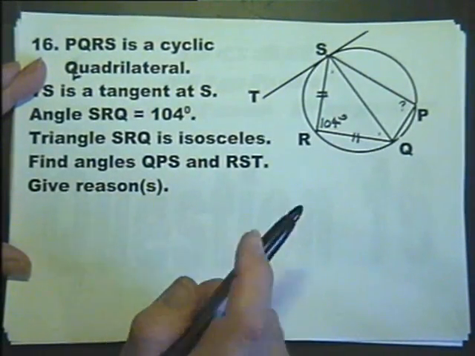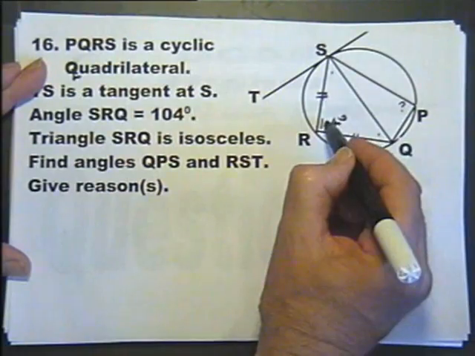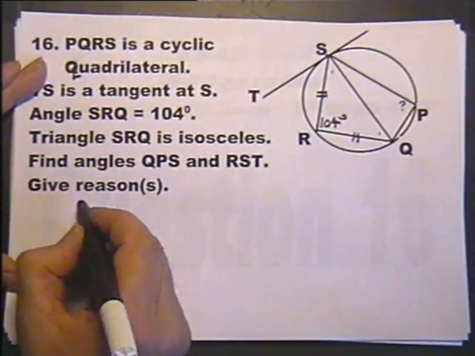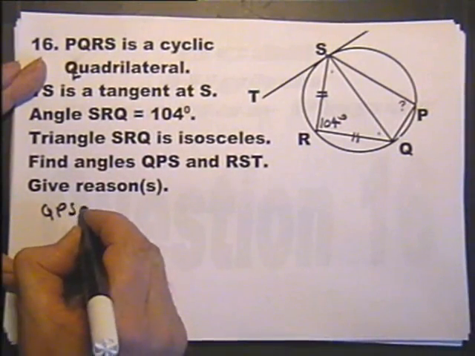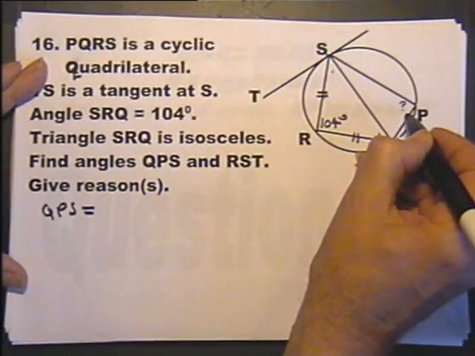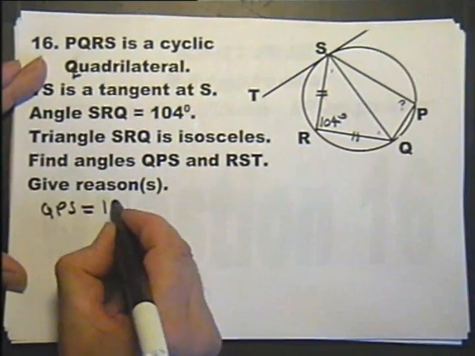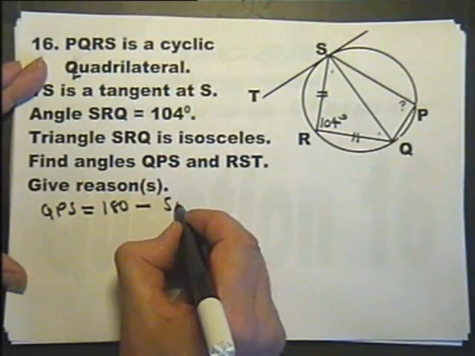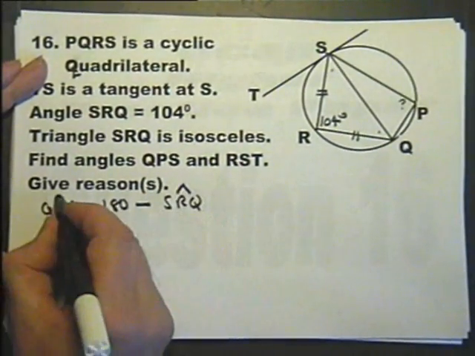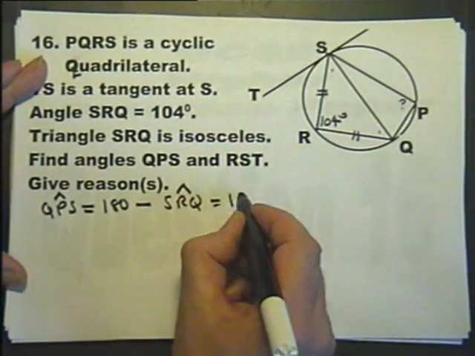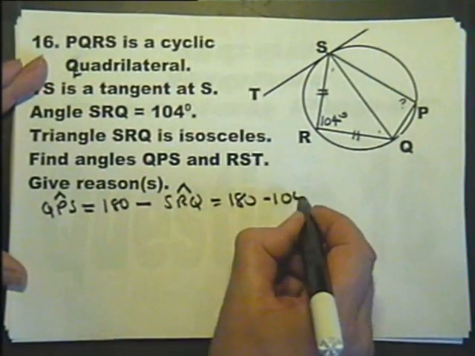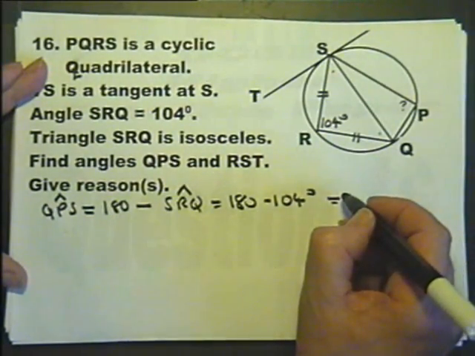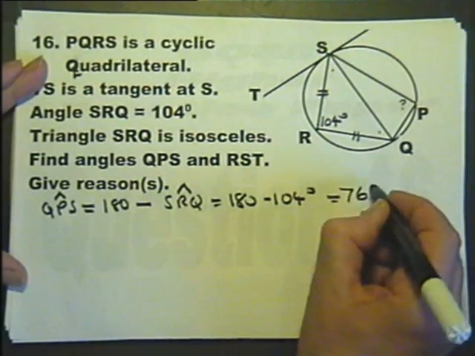The right way of doing it is to know that the opposite angles of a cyclic quadrilateral always add to 180. So therefore I can say that QPS equals 180 minus SRQ. Put an angle sign over the top there. I didn't write down 104 straight away because this helps explain things. And so therefore it's 76.